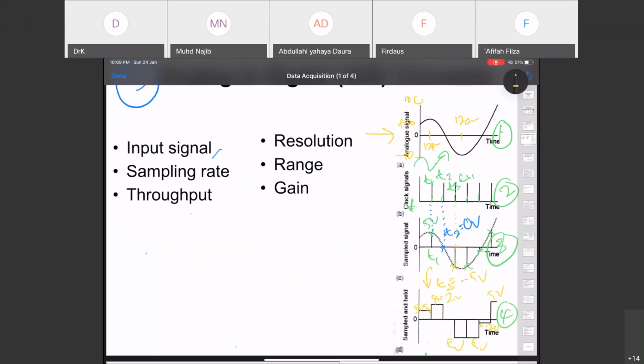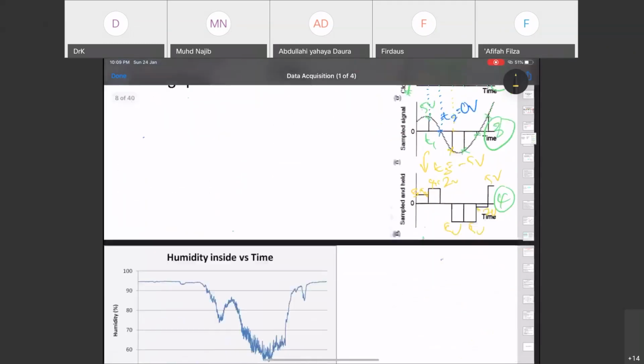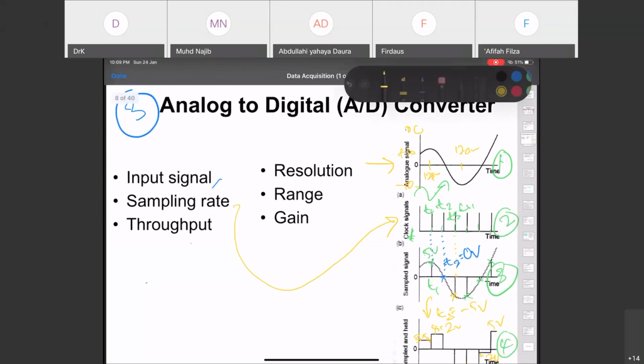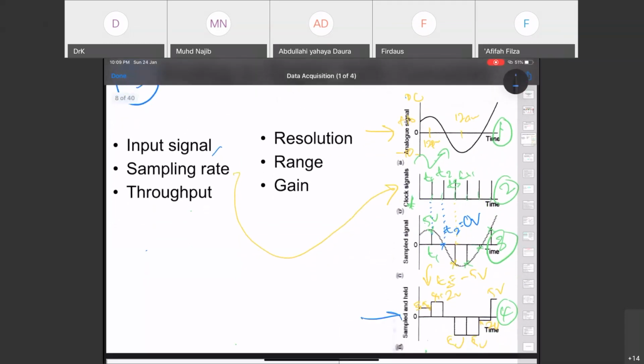I would want to tell you that the sampling rate is referring to the clock signal that you send to the input, which will result in this graph.